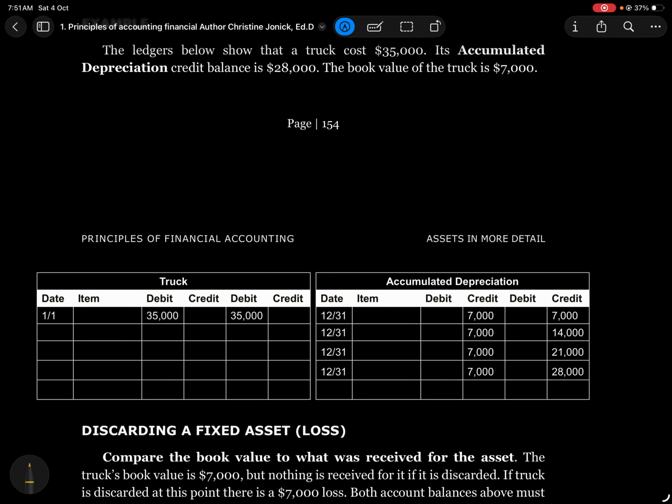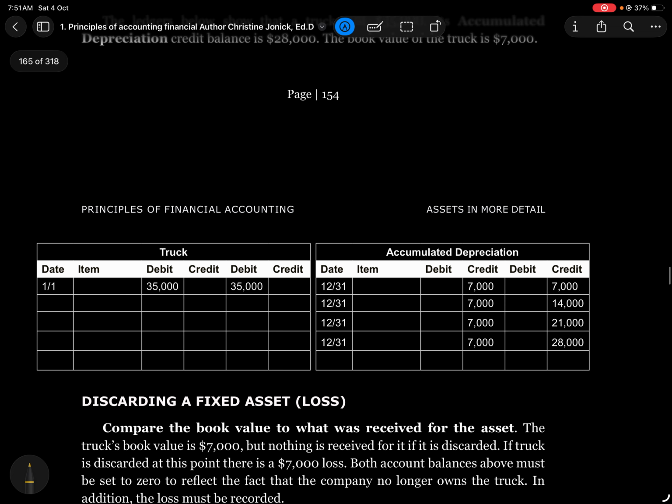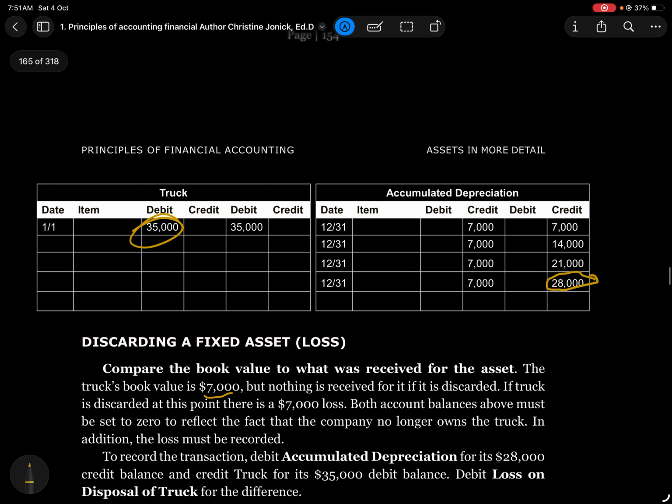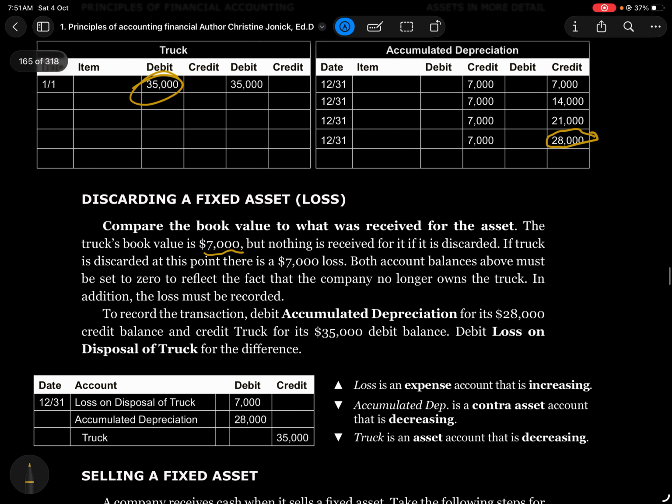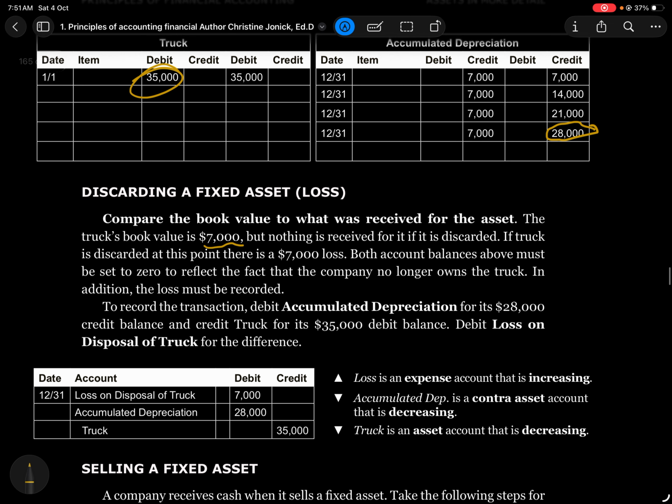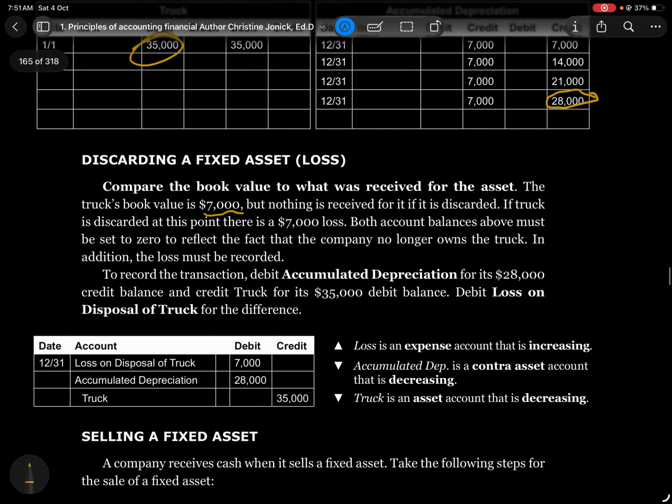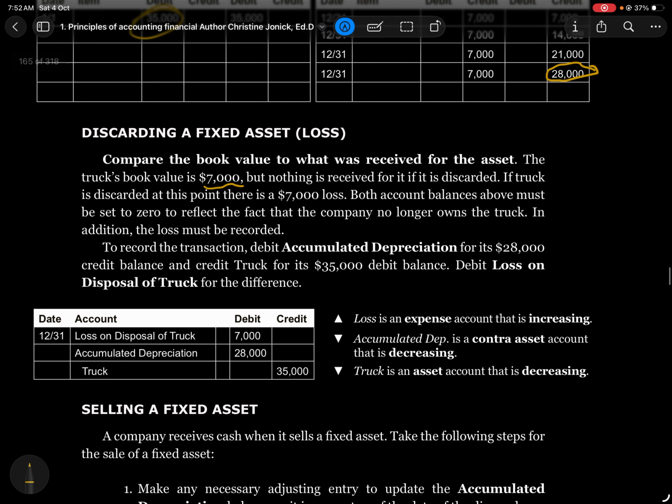So suppose we have a truck value of 35,000. We have accumulated depreciation of 28,000. So 7,000 is the book value, right? So when we sell it at a loss, right? In that scenario, what would happen is we would need to book a loss on disposal. Okay.